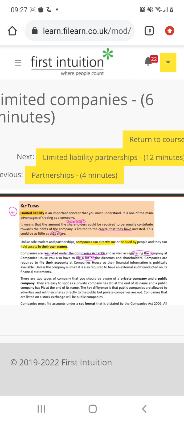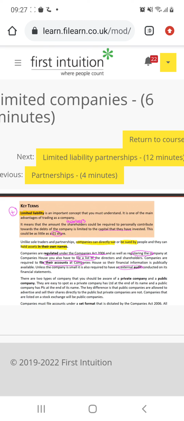So there's a lot more regulation, a lot more paper filling in and filing to do if you are a company. Your annual accounts, you have to file these as well at Companies House, and this means that financial information is publicly available. If you're a large company, a further requirement is to have an external audit.